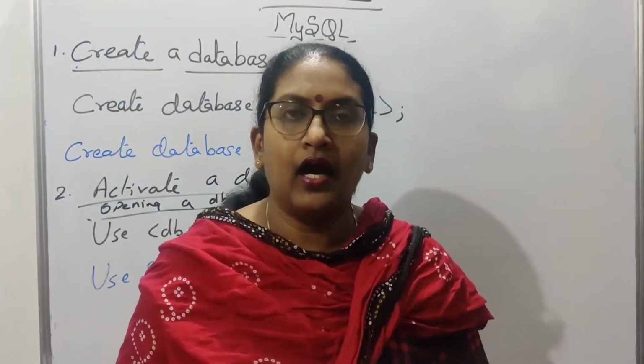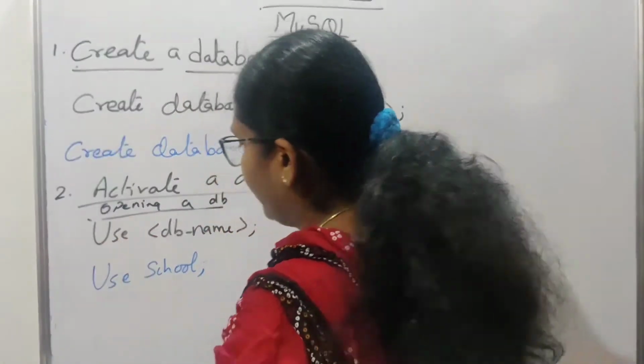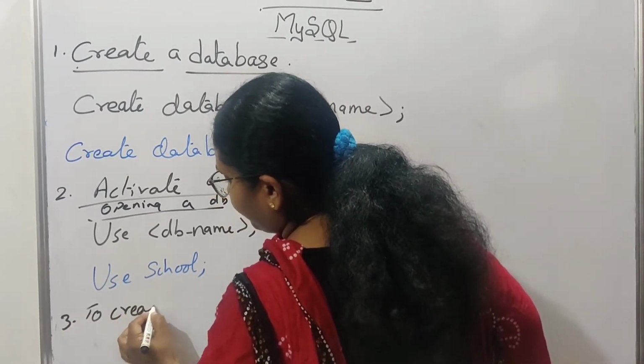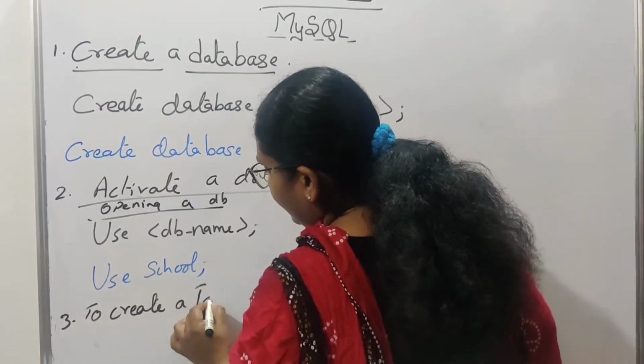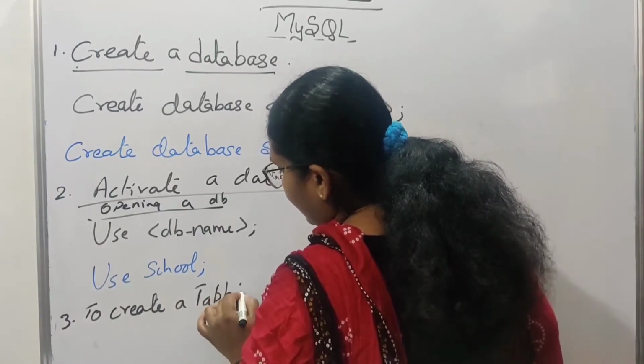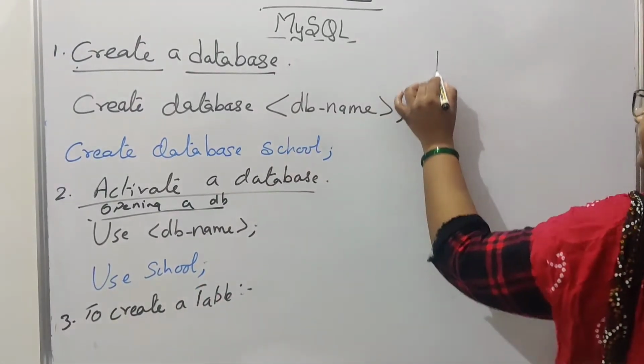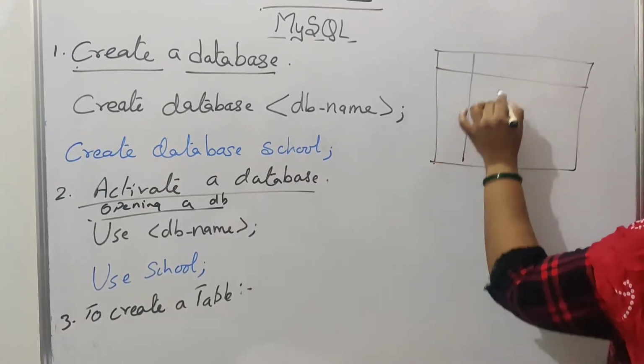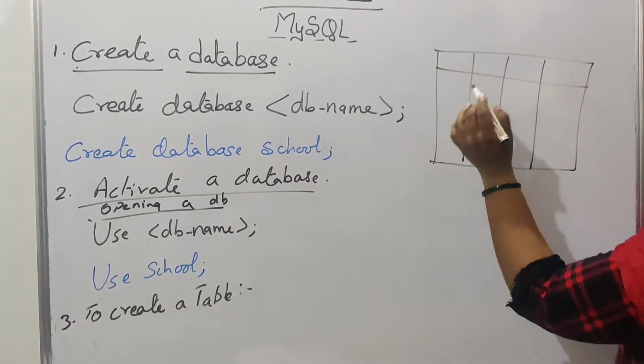Next we will see how to create a table. A table is a combination of rows and columns.